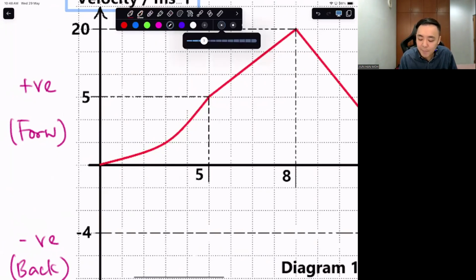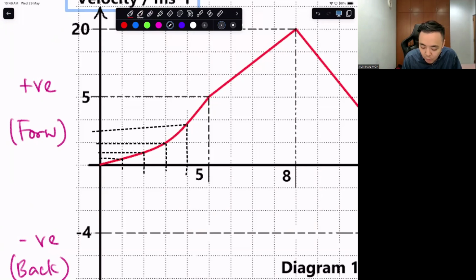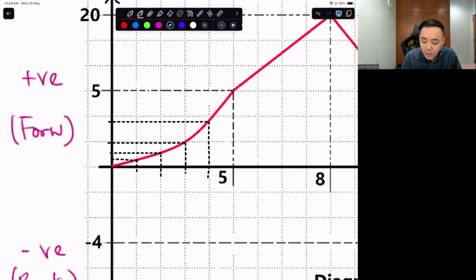Whenever you're not sure about the graph, you estimate and put in numbers. Here I put grids for you to see. So you estimate 1 second, 1 second, 1 second, and then you draw over. Every time you touch your graph, you draw over. Now look at the value for y.